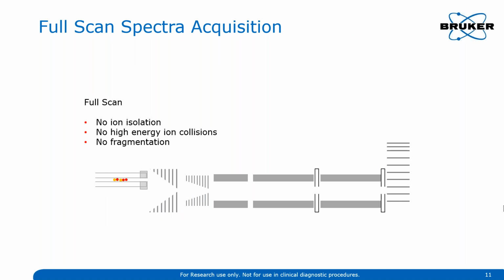As I mentioned earlier, when running the TargetScreener method, a Bruker QTOF performs 2 different experiments on each analysis cycle that repeats a few times per second. In the first experiment, the instrument collects a full spectrum of all parent ions, like so. So basically no ion isolation, no high energy collisions, and no fragmentation, just a full scan of all parent ions.